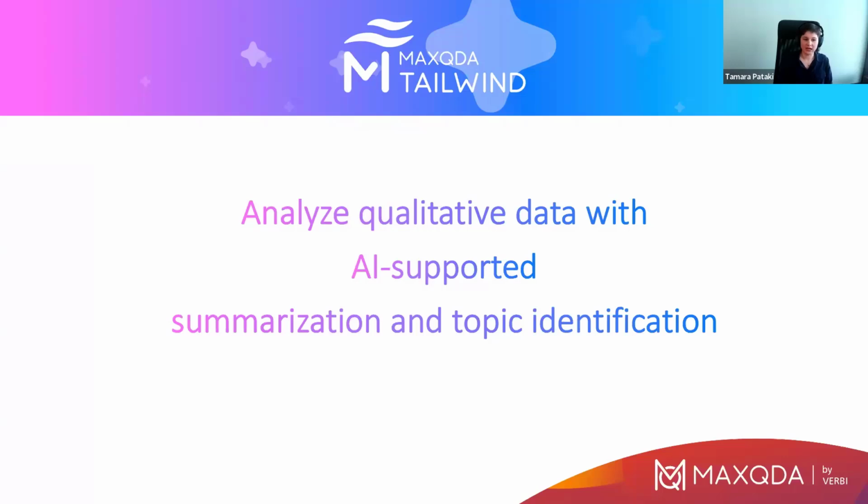The idea behind this new app was to harness the benefits that large language models do best at the moment, everything in one place, in one tool. So we took what we learned from developing the AI Assist module, which was within MAXQDA, and we created MAXQDA Tailwind, that allows you a very simple but also fully AI-supported workflow in a web-based environment.